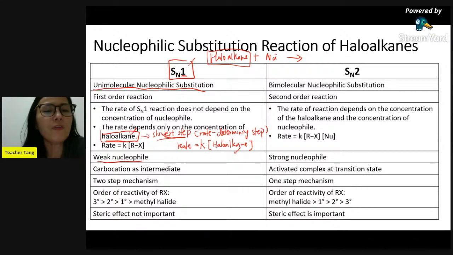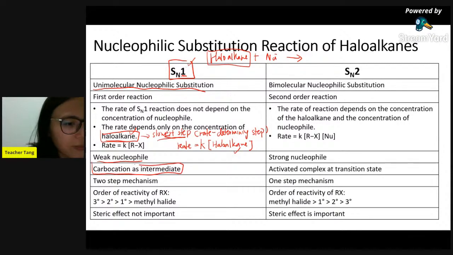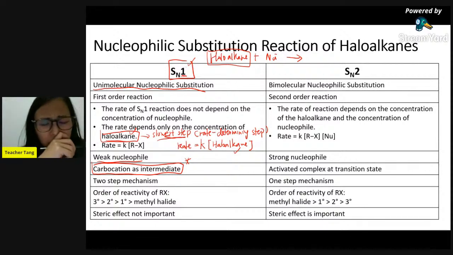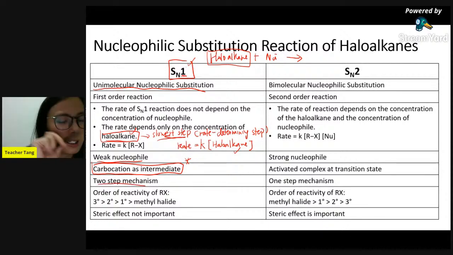And the SN1 reaction will form a carbocation intermediate. So this is very important. You must remember, the SN1 reaction mechanism will form a carbocation. And the SN1 reaction usually occurs in two steps.